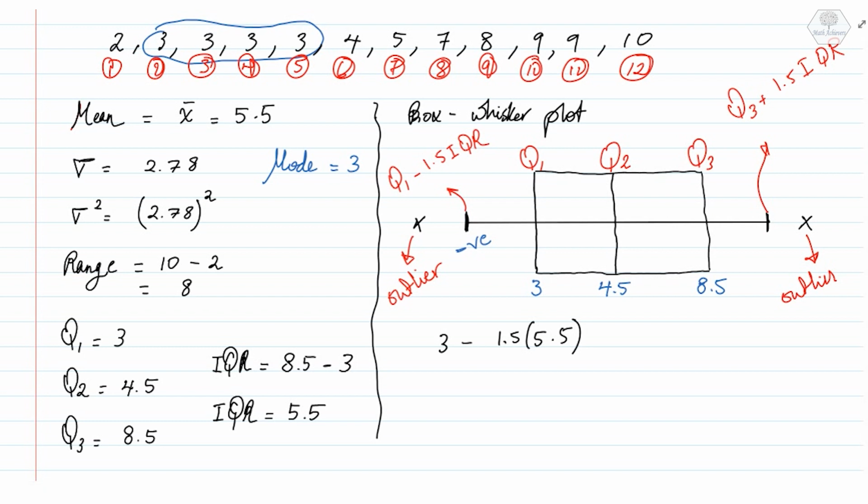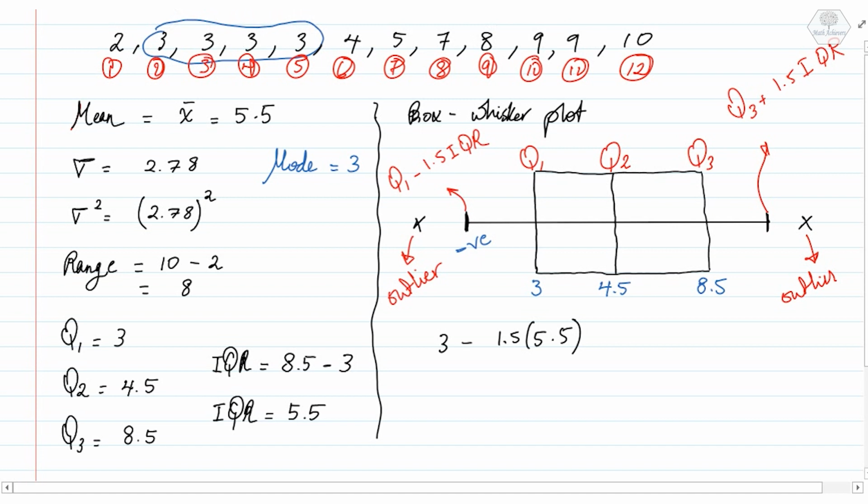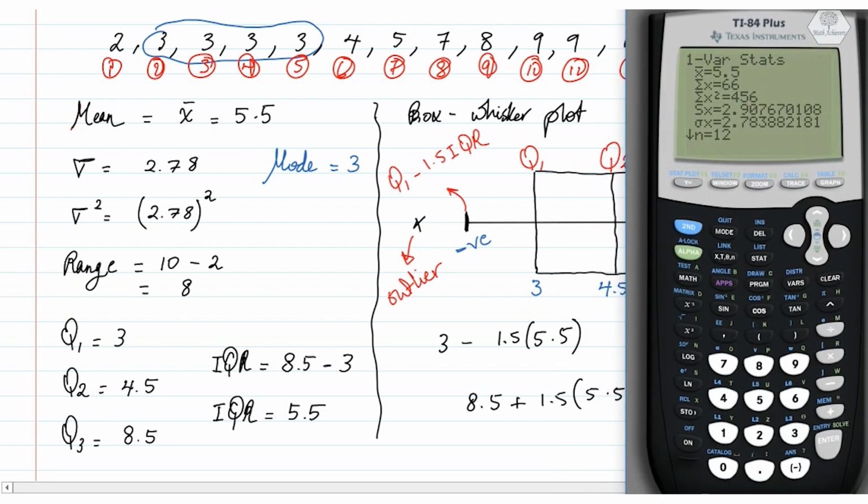And the other value, let's calculate it, is Q3, which is 8.5, plus 1.5 times 5.5, which is another big value. Let's see on our GDC. 8.5 plus 1.5 times 5.5.